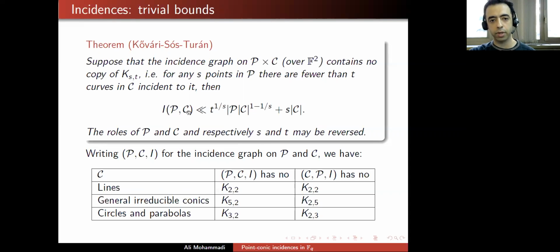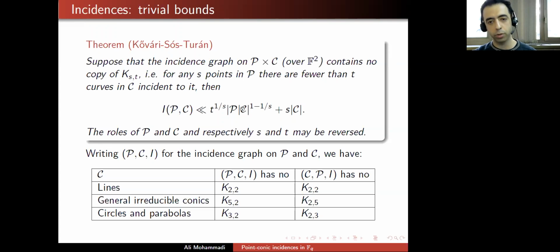The idea is to write I(P, C) as a double sum of an indicator function of a line with variable taking points, and with just an application of Cauchy-Schwarz and using the fact that two distinct points have only one line going through them and two distinct lines can meet in at most one point, you can easily prove such a statement. I don't know how this more general statement is proved.